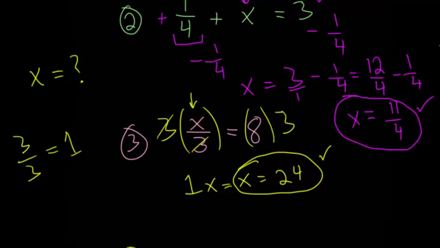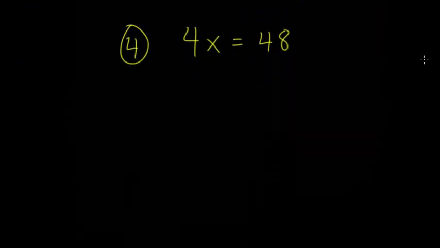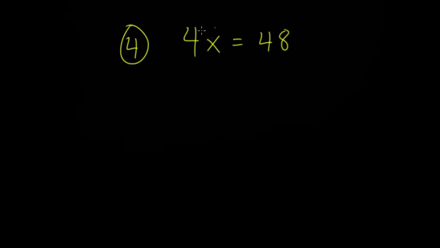And now lastly, moving on to this fourth problem. Now we have 4 times some number gives us 48. So we have 4 multiplied by x, and we want to cancel out multiplication. And to do that, we know the opposite is division.